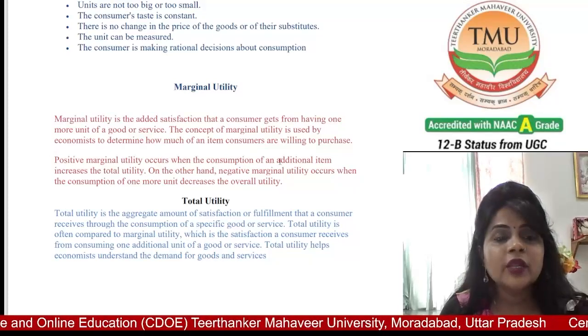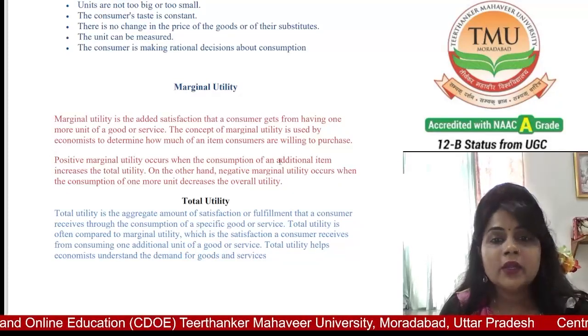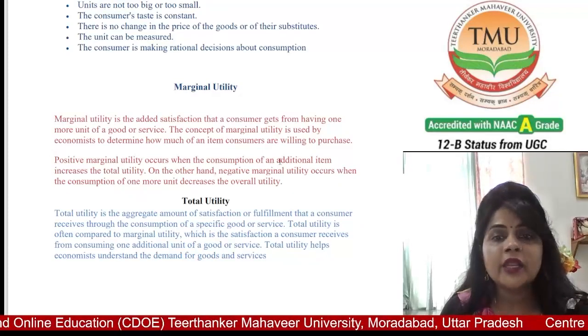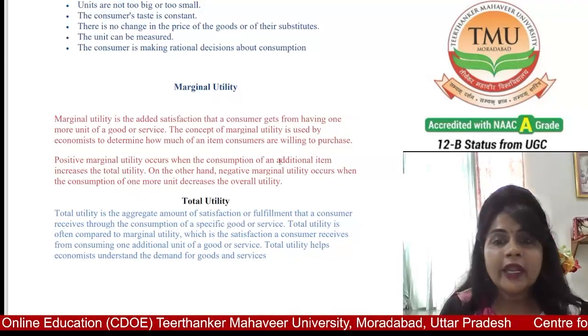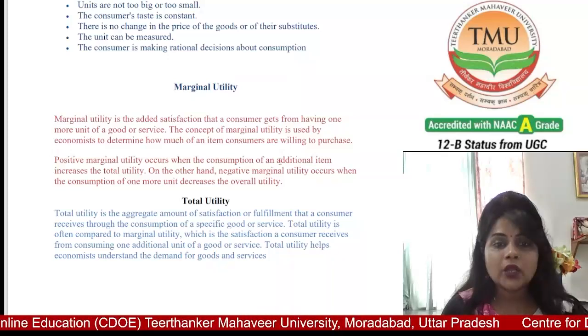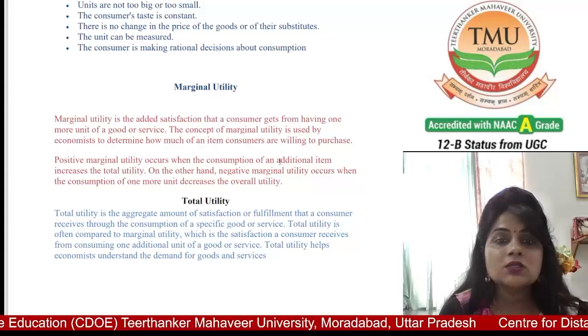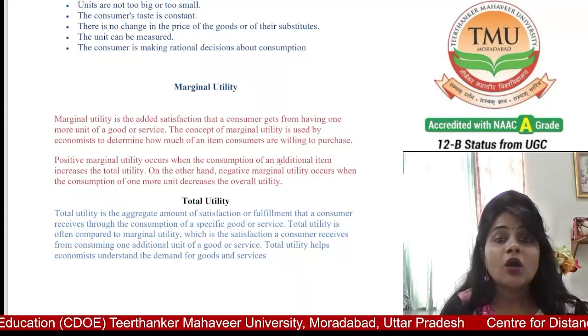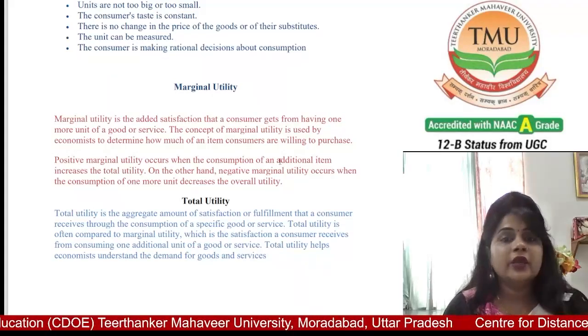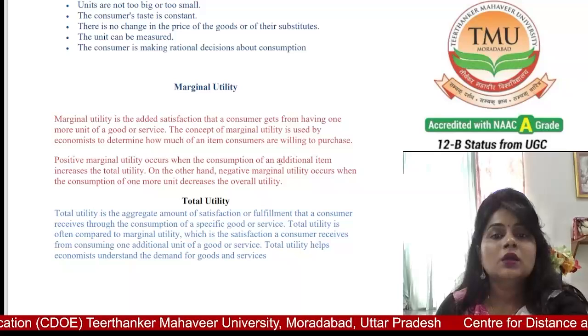Positive marginal utility occurs when the consumption of an additional item increases the total utility. On the other hand, negative marginal utility occurs when the consumption of one more unit decreases the overall utility.